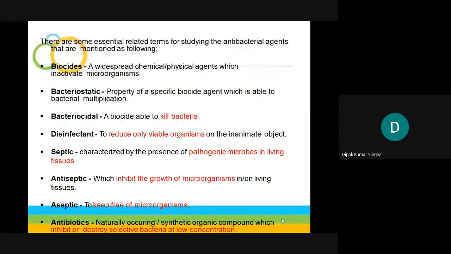Which concentration do you use as the antibiotic? You can tell me. 200 not effective, 400 not effective, 500 effective, 600, 700, 800, 1100 milligram effective. But which concentration is used?